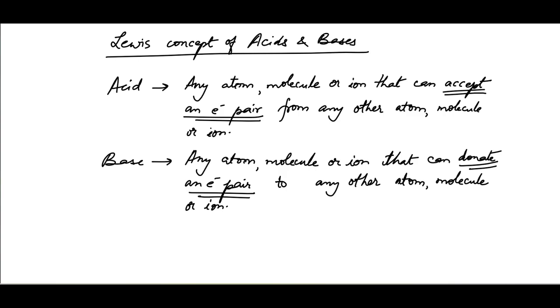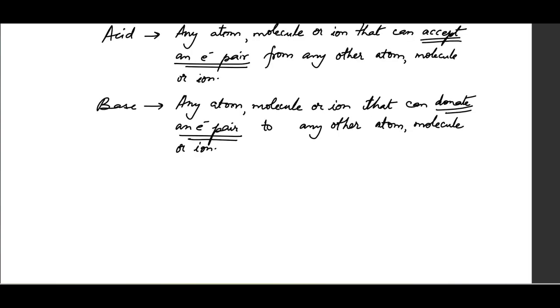So let's see some examples. Let us say NH3. We know it's a base, but let's see its reaction with H plus, which will give NH4 plus. Now NH3, if you see, nitrogen has 5 electrons in the valence shell, right? So 1, 2, 3, 4, 5.